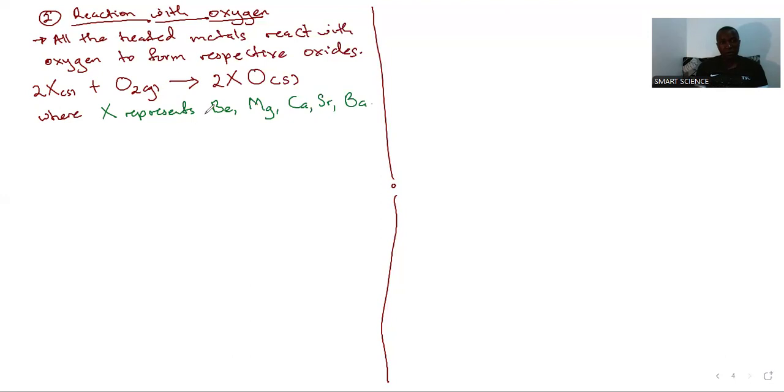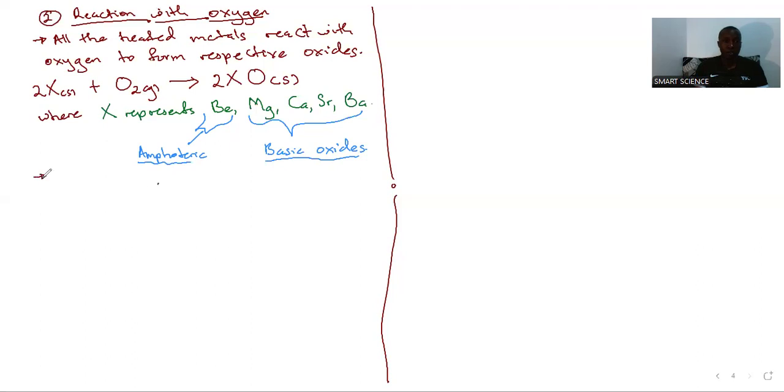However, we need to be knowing it, that the oxide of beryllium is going to be amphoteric, as all the others give us basically basic oxides. So under the properties of the compounds of group 2, we should look at the nature of the oxides formed by each of the elements suggested.